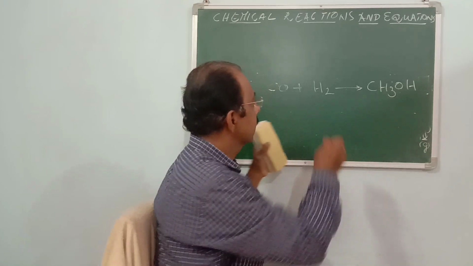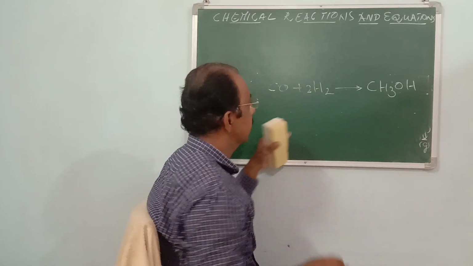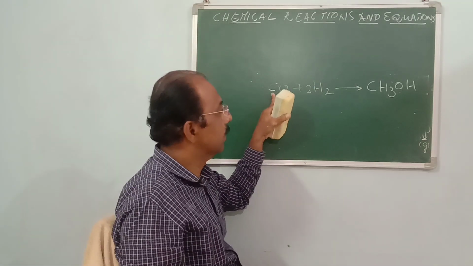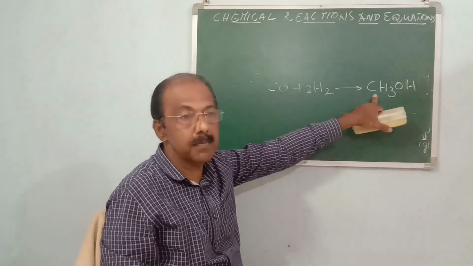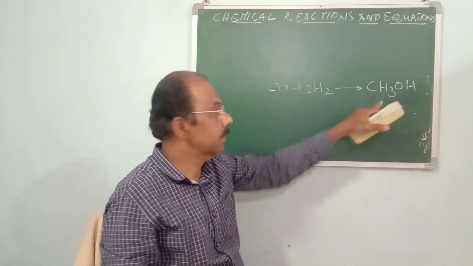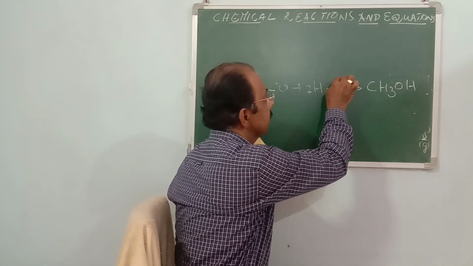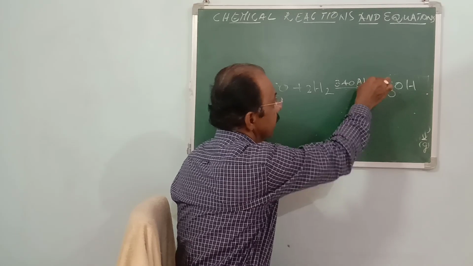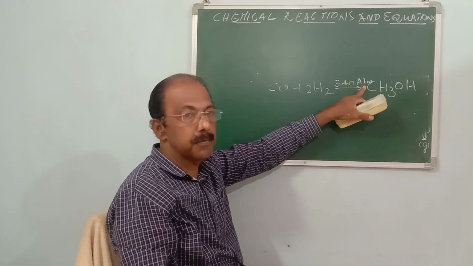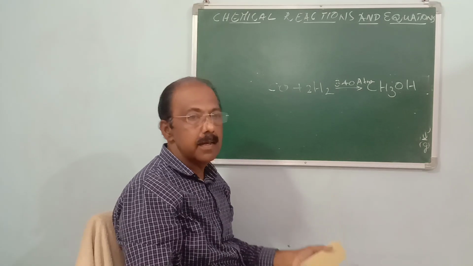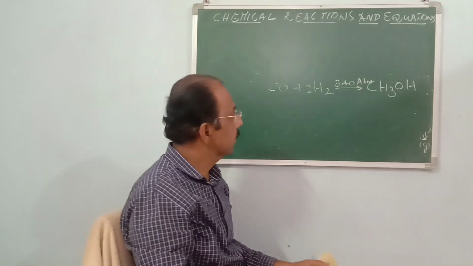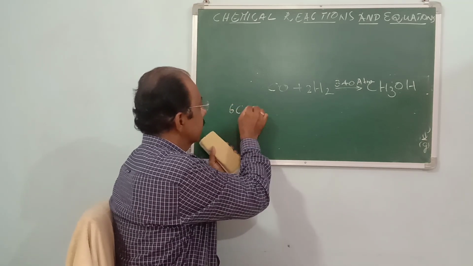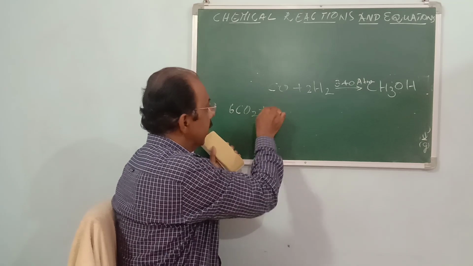Therefore, a coefficient 2 is given before hydrogen. 2 molecules of hydrogen react with 1 molecule of carbon monoxide to form a molecule of methanol or methyl alcohol. This reaction takes place at 340 atmosphere.